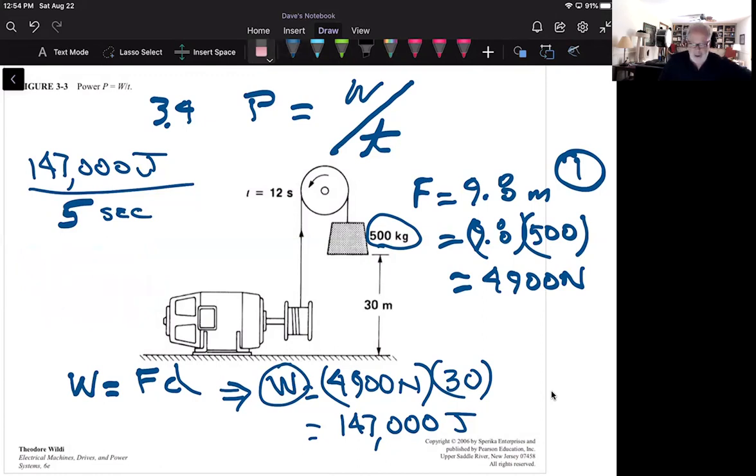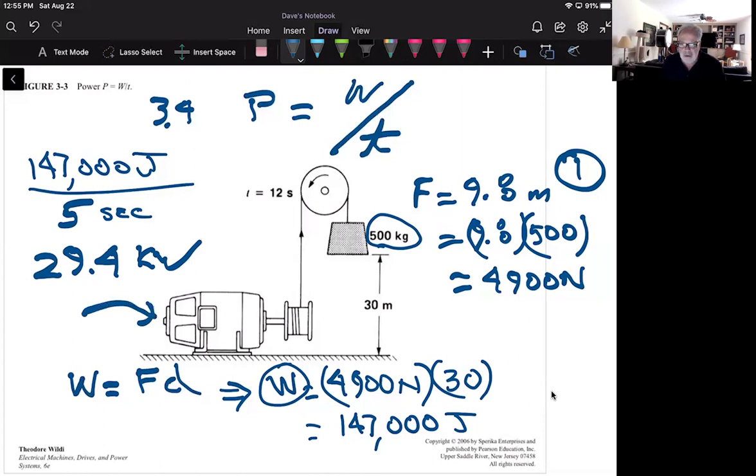Let me get my calculator out and we'll see. 147,000 divided by 5 comes out to be 29.4 kilowatts. So if I wanted to raise this same mass quicker, I'm going to need more motor, or I'm going to require that motor to output more power one way or another. Depending on the application, that motor may be under spec to do that.